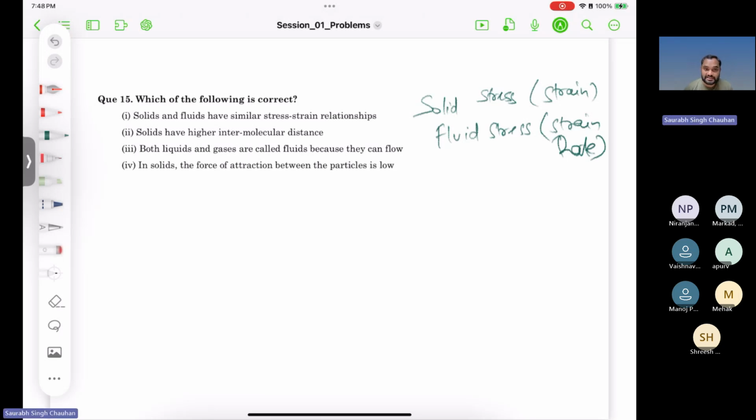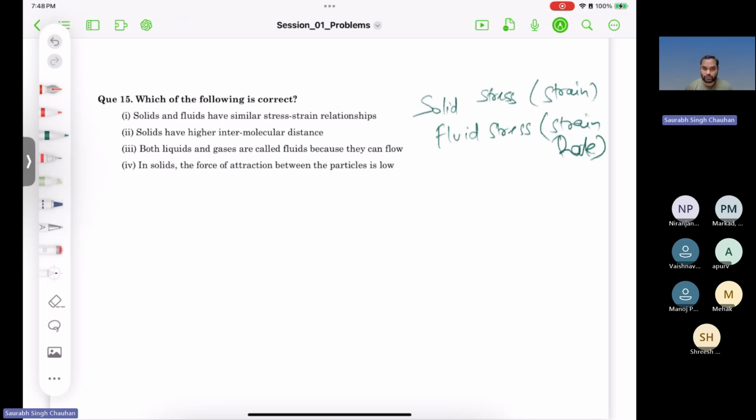Second option says solids have higher intermolecular distance. Again, this is not correct. Solids have less intermolecular distance as compared to liquids, and gases have even higher intermolecular distance, right? Third option says both liquids and gases are called fluids because they can flow. This is correct, right? Both of them can flow, so they are called fluids. What is a fluid?